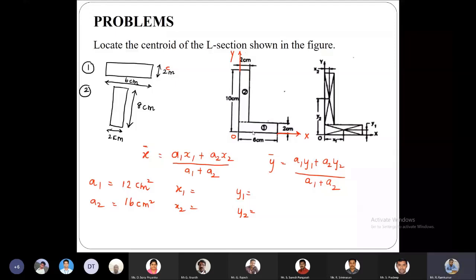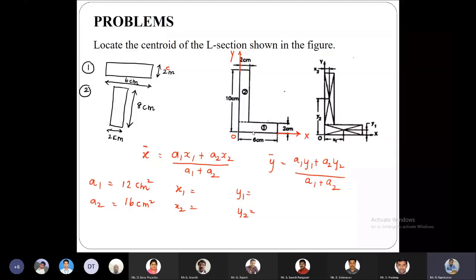And then for y, we have the point over here, which is the breadth divided by 2. So we get 2 by 2, the value is 1 centimeter. And now we are going to consider the second rectangle, which has edges 2 cross 8. So here we are considering this x bar value, that is the x2 value for the corresponding rectangle 2.